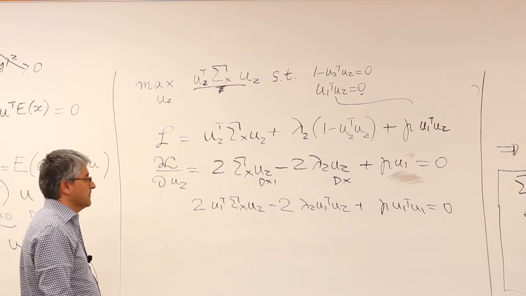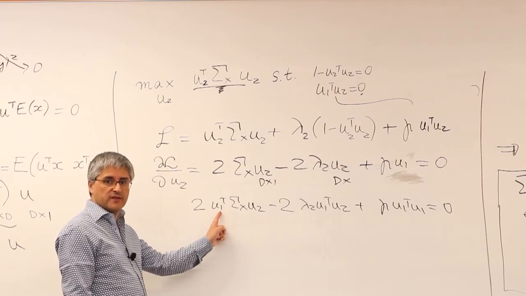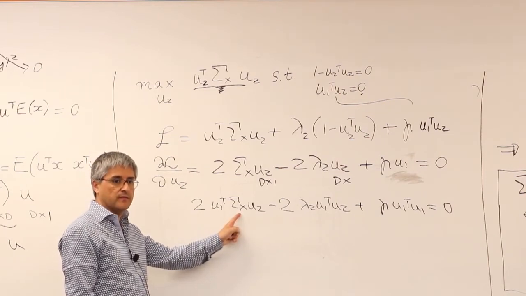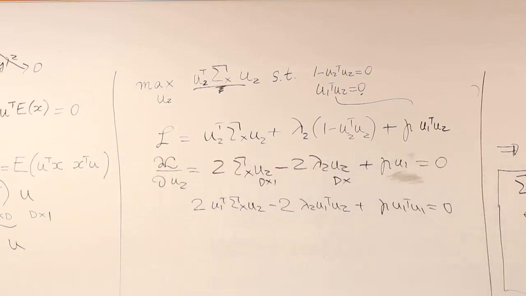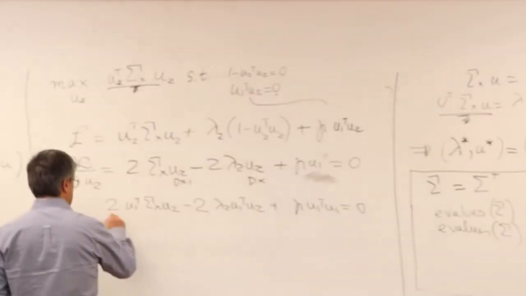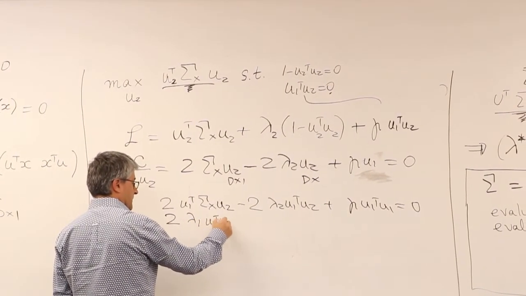Now, what happens? U1 is fixed, it is the eigenvector that I already have from the previous part. So what is U1 transpose sigma x? I got that? Yes? So what do I get? 2 times lambda 1 U1 transpose U2. Agreed?